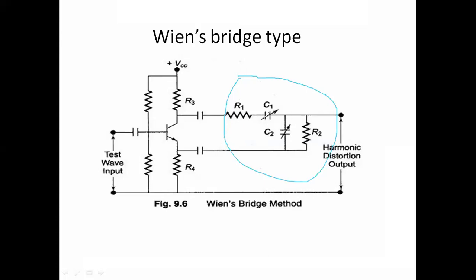When the bridge is balanced, it means C1 is equal to C2, R1 is equal to R2, and R3 is equal to 2R4. In such a situation, we will suppress the fundamental frequency component, and the remaining frequency components will be sent to the meter.